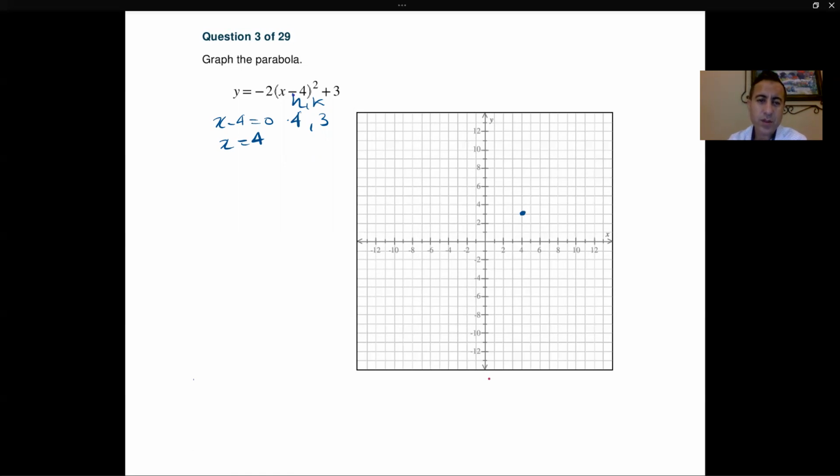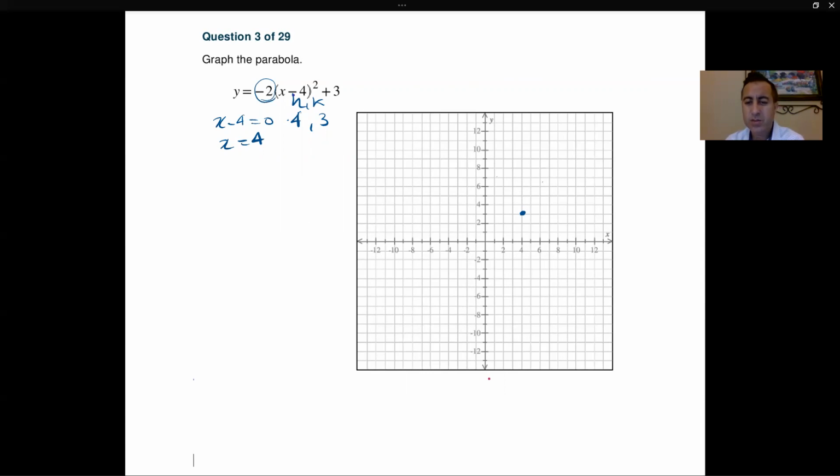That's the vertex. a is -2, so the graph is supposed to open down. Once you have the vertex, you need a few points on the left and right side of the vertex to make that curve fit.